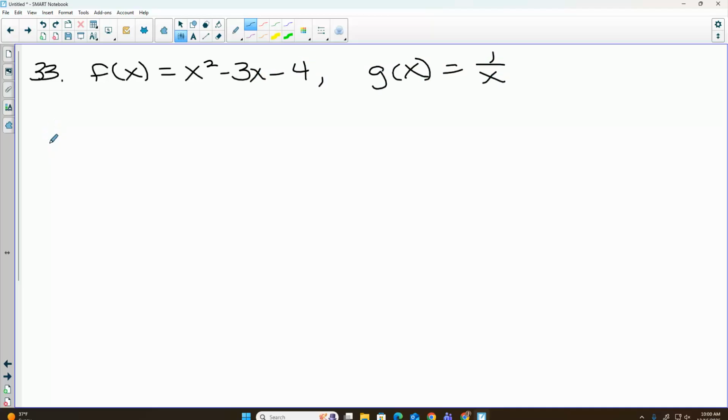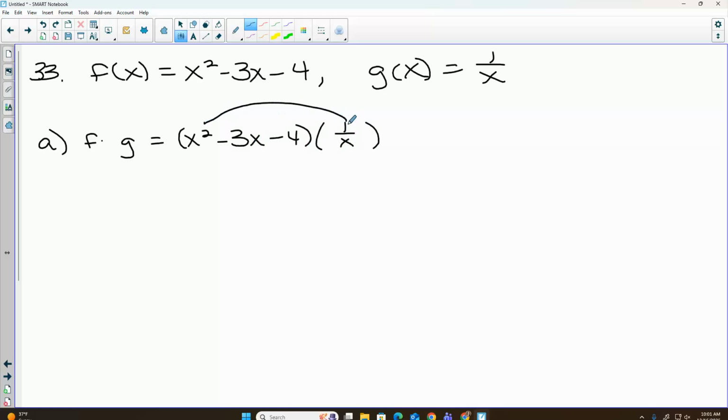So part A is f times g. So f times g, which is 1 over x. So all you're doing is distributing this to each term. When you do that, you multiply the tops together, so you get like x squared over x, minus 3x over x, minus 4 over x.